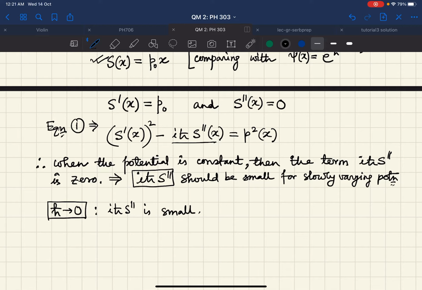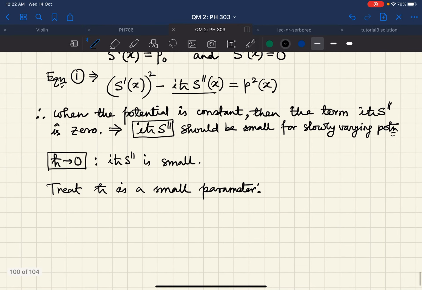So as we treat ħ as a small parameter, because we are always treating this quantity ħ, which is Planck's constant, as a small parameter, what we do is that we expand this phase factor S of x in ħ.